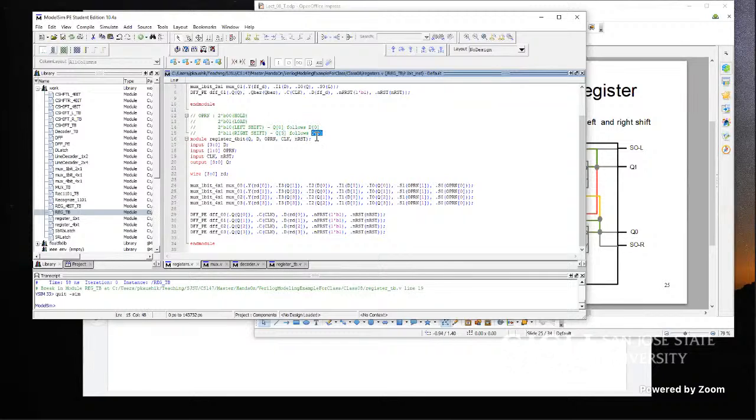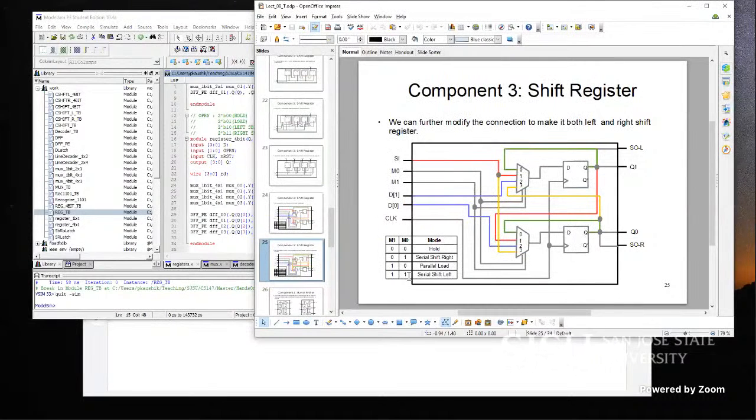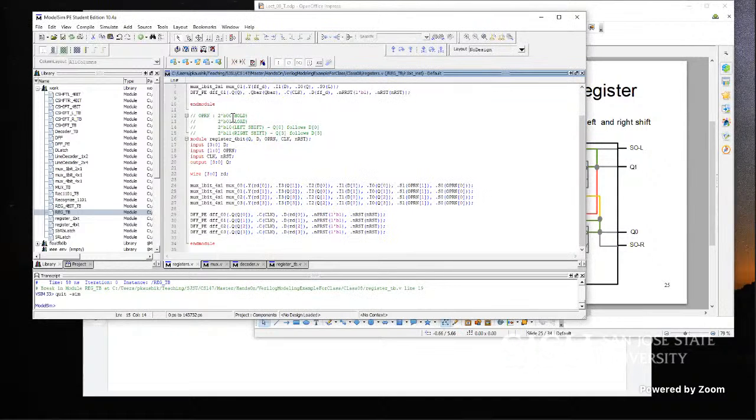So D3 in that right shift case acts as a scan in. That's the only difference, I think. Or maybe not. The mode code is also a little bit different. 0,0 is a hold, 0,1 is a parallel load, left shift serial load is 1,0, and right shift serial load is 1,1. So that's the definition here.